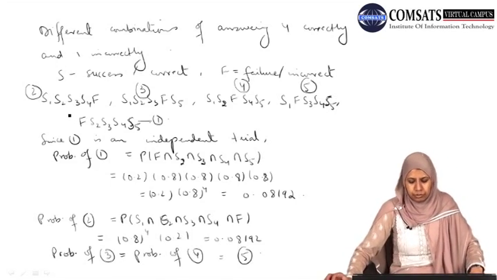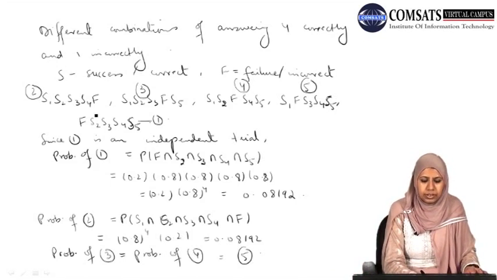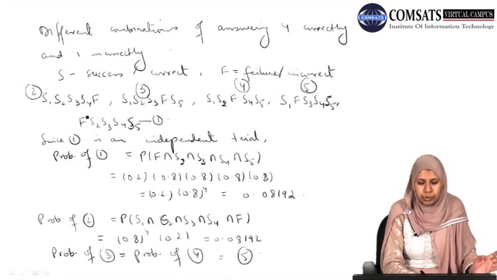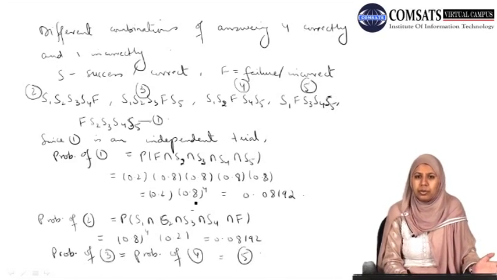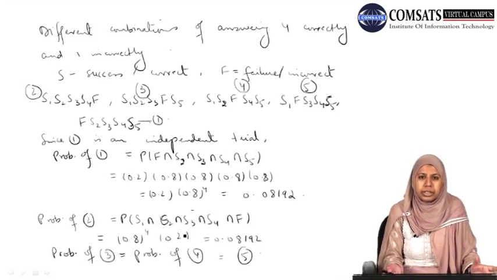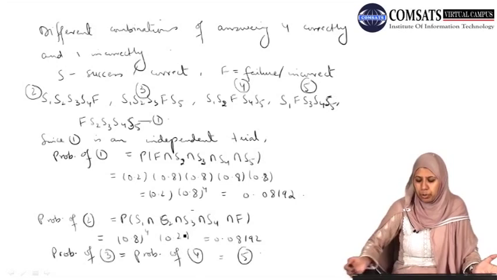By using the definition of joint probability, in each case we have only one false, which means that the probability of this will be 0.2 and all 4 of them will be the probabilities of success, that is 0.8 to the power 4. Only their order of multiplication will be different and all of these have the same probabilities.